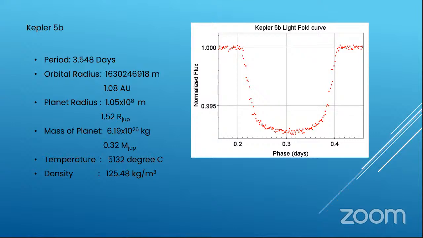The planet radius was found to be 1.05 times 10 to the power 8 meters, which is similar to 1.52 times the radius of Jupiter. The mass of the planet was found to be 6.19 times 10 to the power 26 kg, which is around 0.32 times the mass of Jupiter. The temperature of this planet measured was 5132 degrees Celsius, and the density was measured as 125.48 kilogram per meter cube.